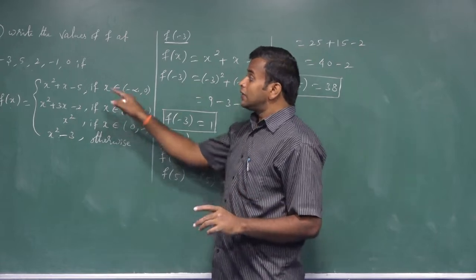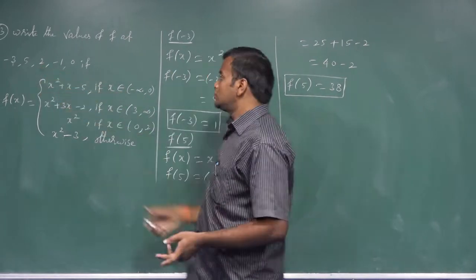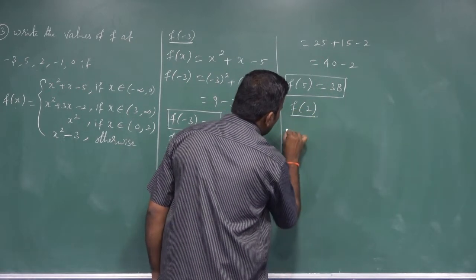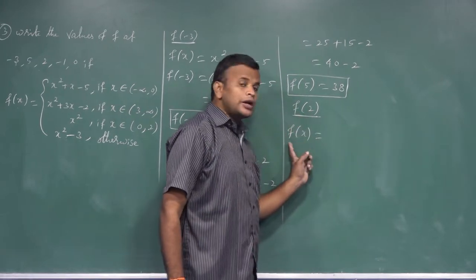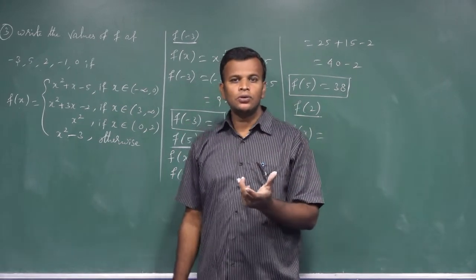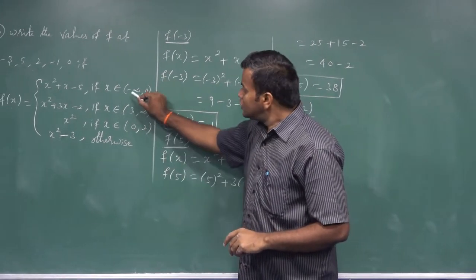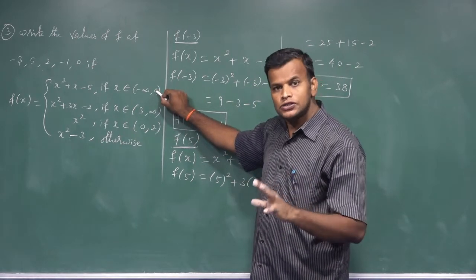Next, we find the third one. We find the value of f at 2. So I put a heading f of 2. Now I check: when x is equal to 2, how to define f of x? In this interval, 2 is impossible because for negative values the last value is 0.